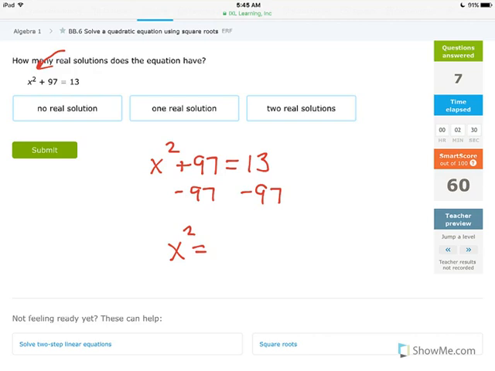And that should get us negative 84. So notice we have a negative, and we can't square root a negative number. So if we tried to solve this, we'd be trying to square root negative 84, and you can't square root a negative number, so we're going to say no solution.